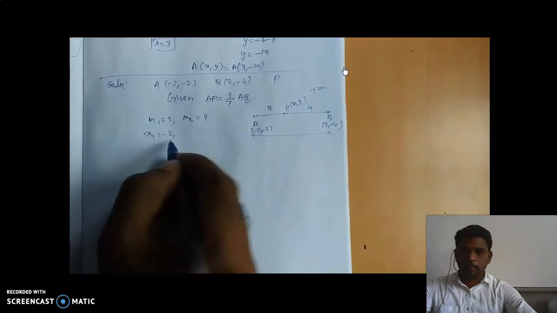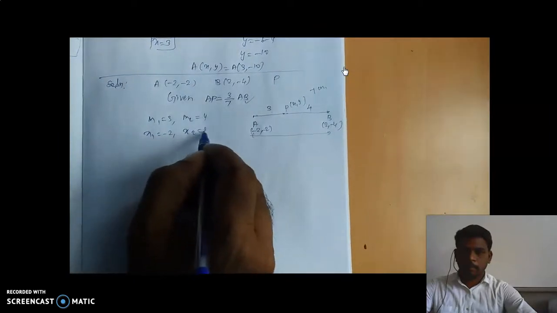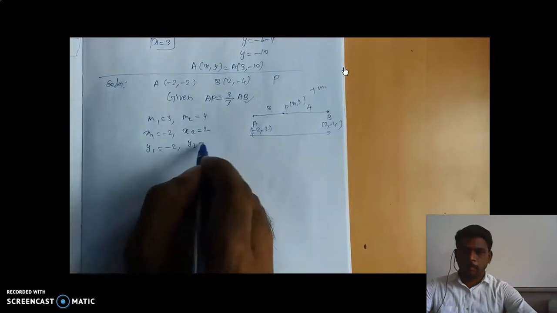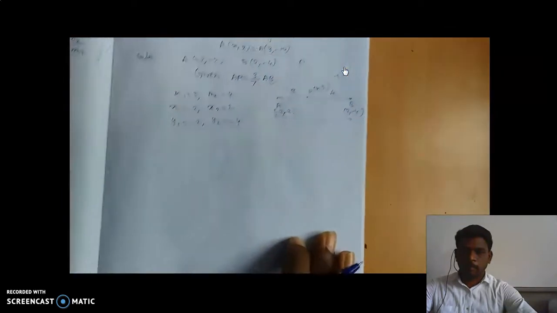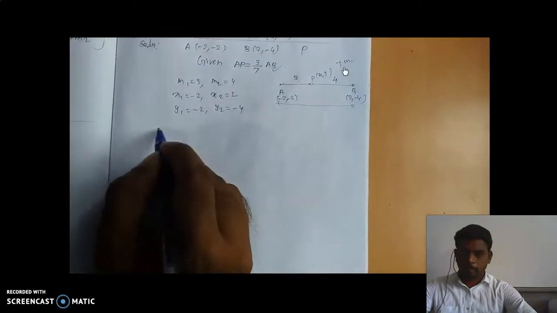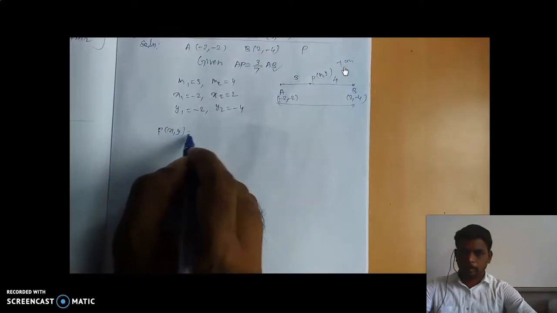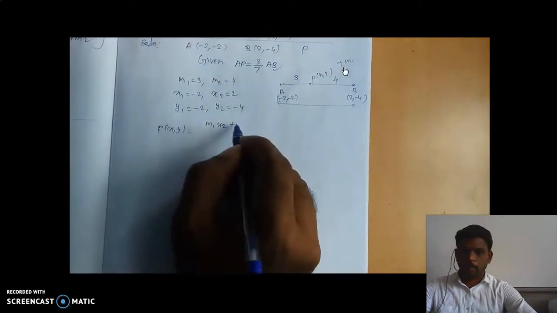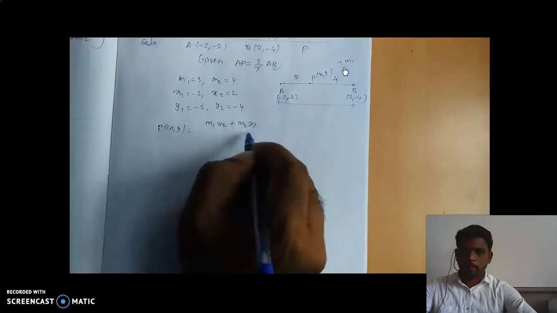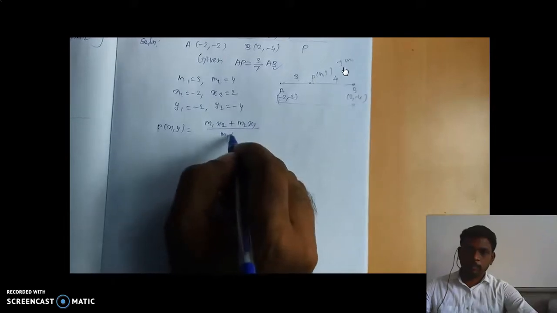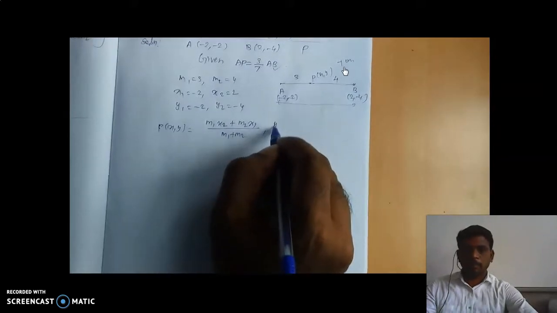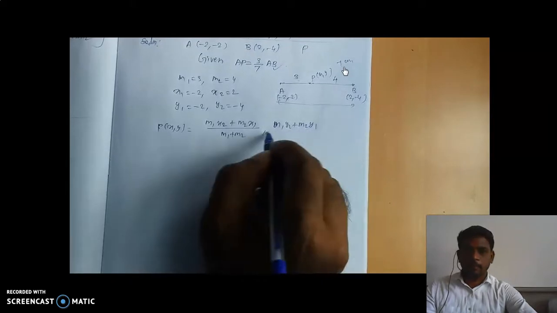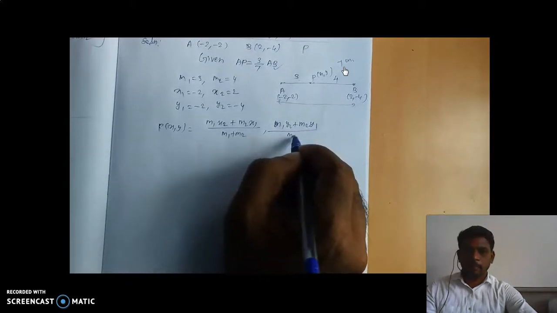x1 equals -2 and x2 equals 2. y1 equals -2 and y2 equals -4. So substitute in the section formula. What is the section formula? P of (x, y) equals (m1 x2 plus m2 x1) divided by (m1 plus m2), comma (m1 y2 plus m2 y1) divided by (m1 plus m2).